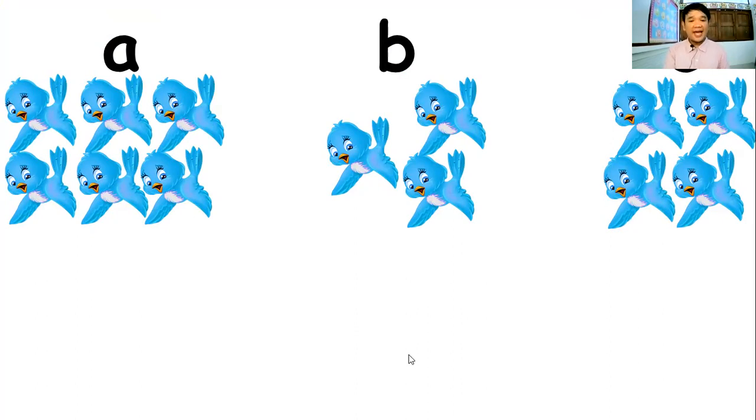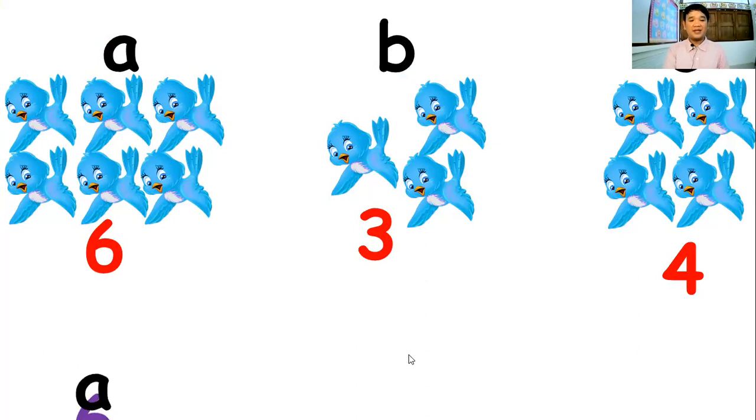The answer starts from the greatest. Which of the following is the greatest number? The greatest number is letter A, because letter A has 6 birds.